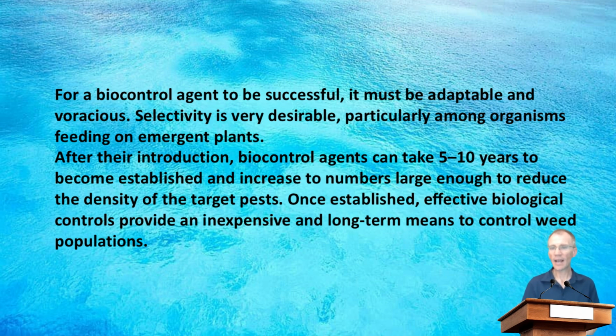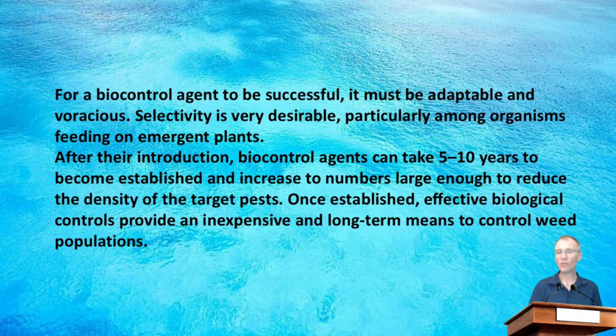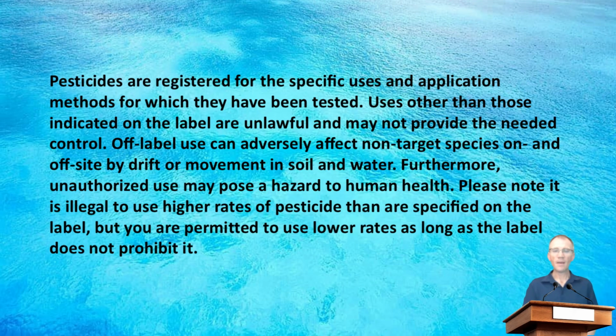Selectivity is very desirable, particularly among organisms feeding on emergent plants. After their introduction, biocontrol agents can take 5 to 10 years to become established and increase to numbers large enough to reduce the density of the target pest. Once established, effective biological controls provide an inexpensive and long-term means to control weed populations.